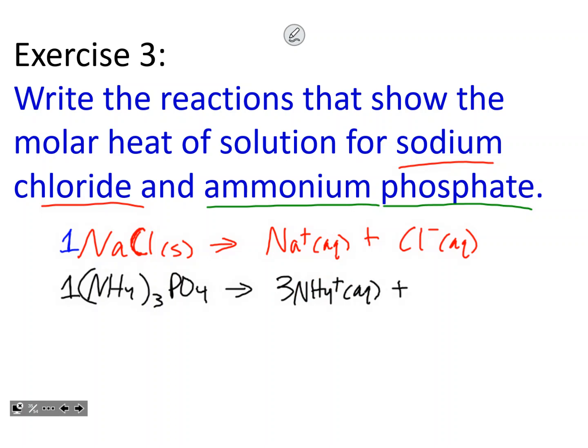So the ammoniums are going to be triple the concentration of the phosphate, right? Because you get 3 for every 1 formula unit. And then the phosphate, you're just going to get 1 each time. When you're doing these, make sure that when you're splitting them up into their ions on the right, you include the charge in the formula. You can't just write PO4, because PO4 and PO4 3- are 2 totally different things. So make sure you include your charge there. Okay?